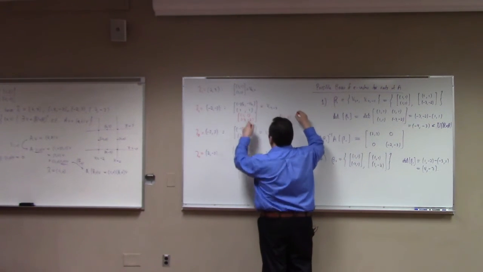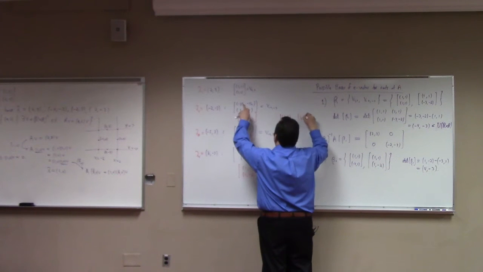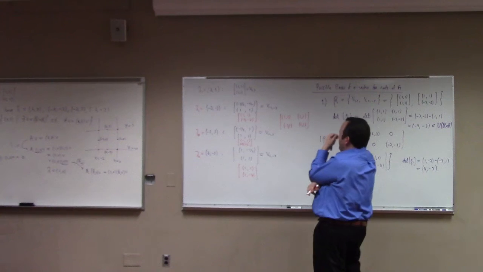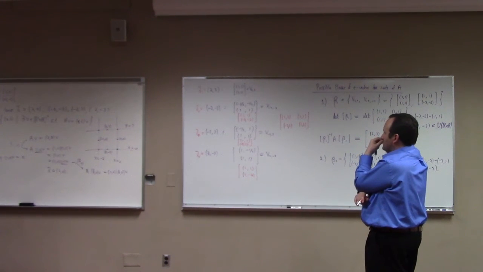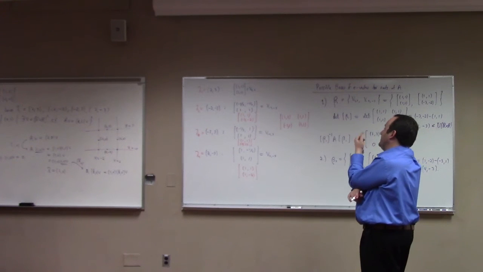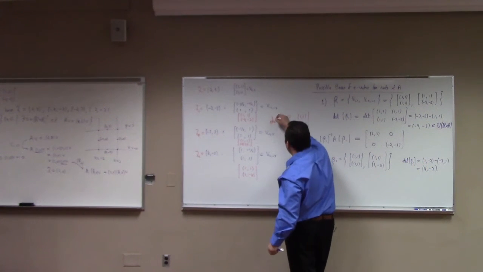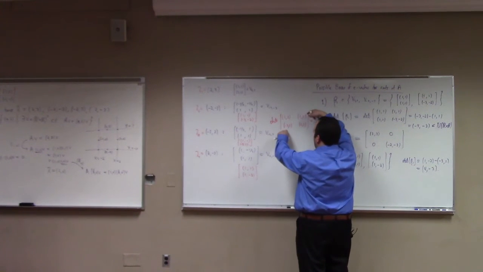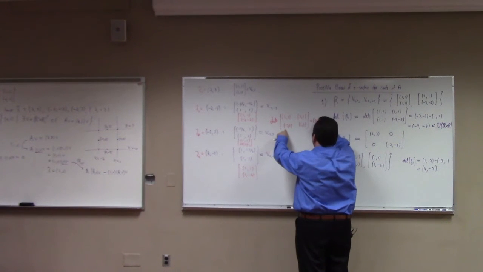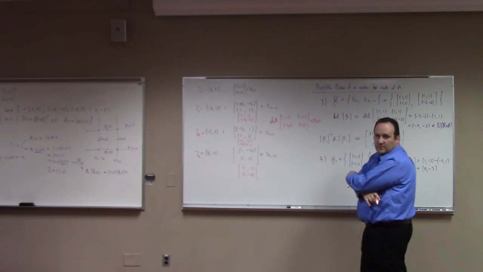I'll do this one and then the other one. So you end up with the determinant of that. So you get 4, 0, is that what it works out to? And that indeed is one of the zero divisors, right?